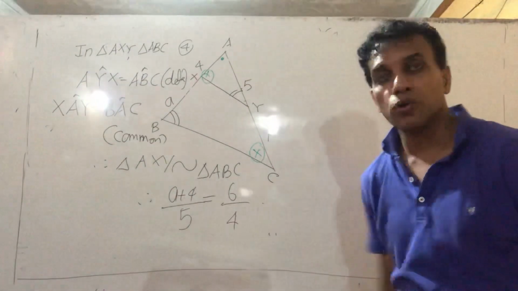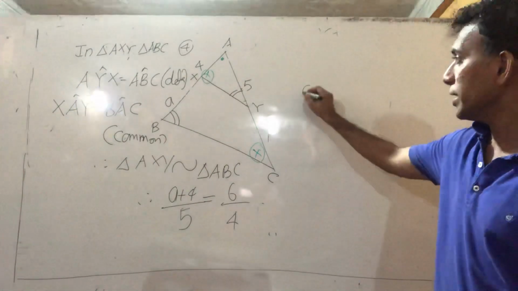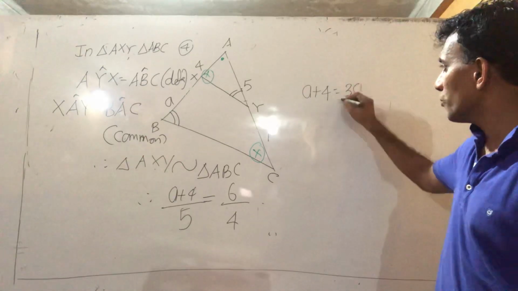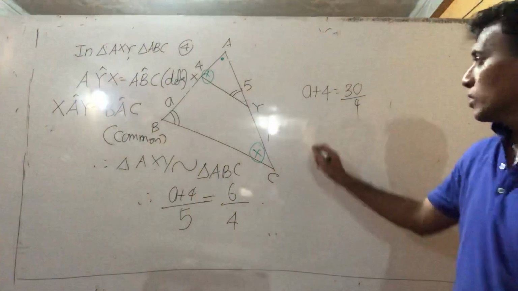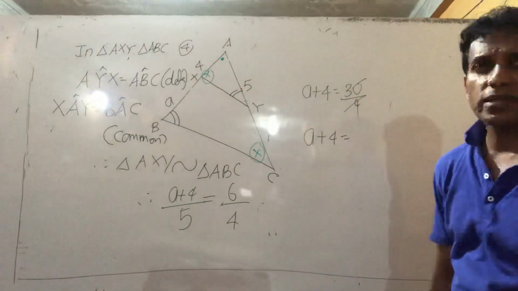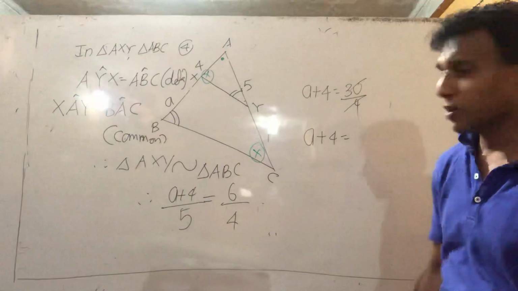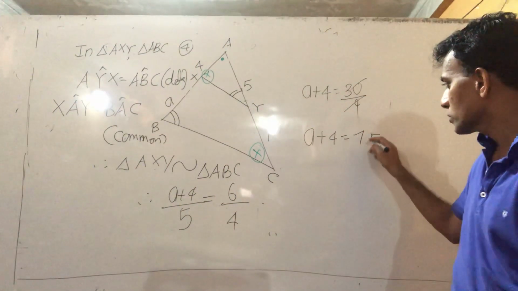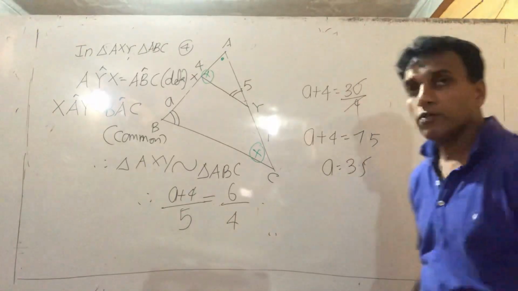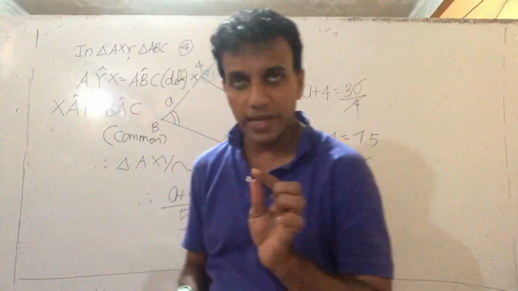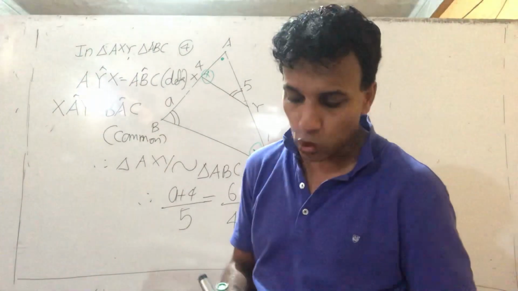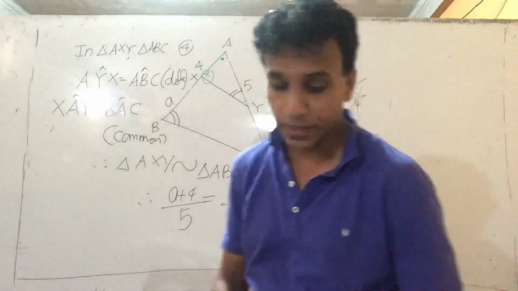Find the A value. So cross multiply: A plus 4 equals 30 over 4, which is 7.5. So A answer is 3.5. Very important question. The question is to find the A value, but for your future knowledge, I showed the equiangular method also, right?